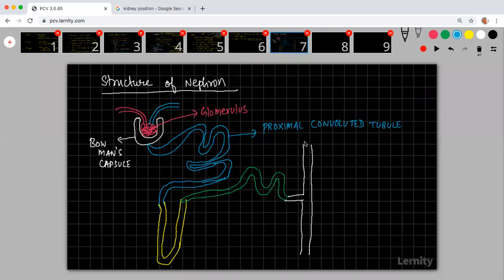Okay, this one is called Henle's loop. And this one is called distal convoluted tubule. And this part is called collecting duct.